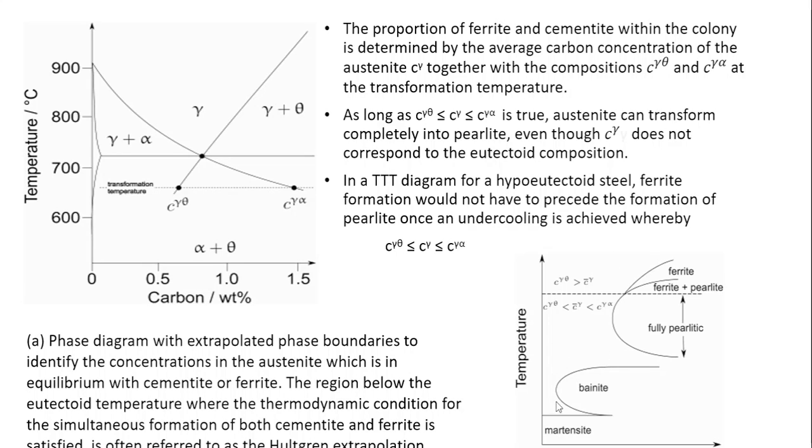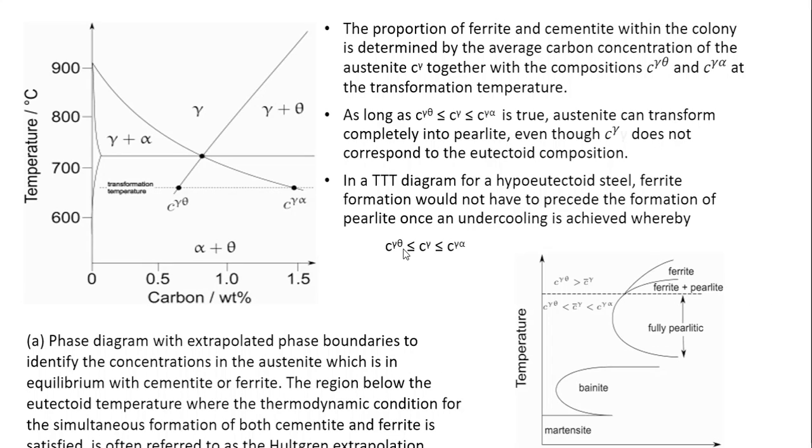So consequently, if you have a condition where C gamma theta, this composition somewhere here, is more than C gamma, then the condition is good enough to form ferrite and perlite.